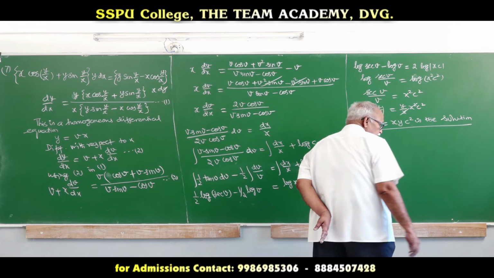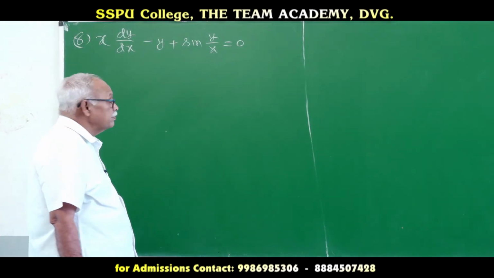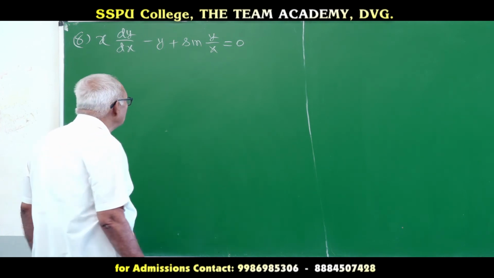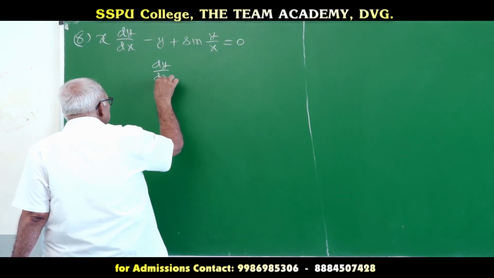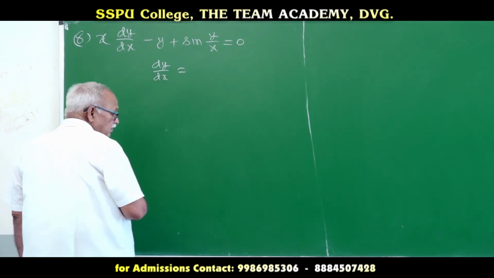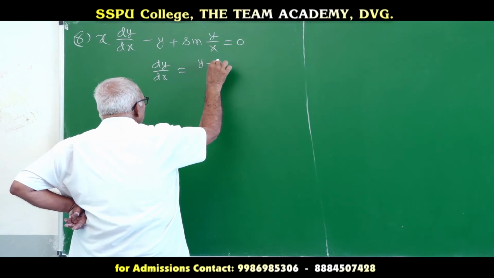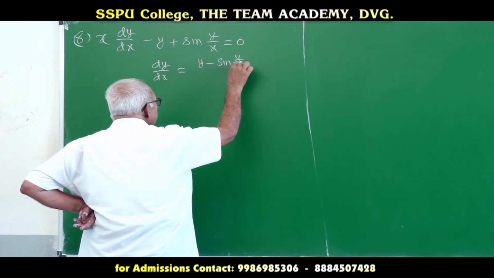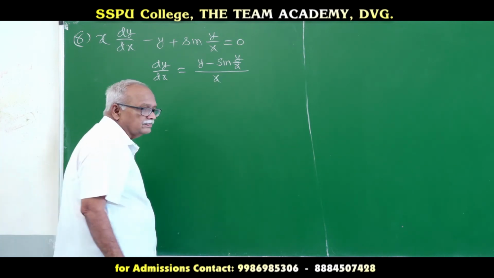Let us go to the next one. 8th question is x into dy by dx minus y plus sin y by x is equal to 0. So, here dy by dx is equal to y minus sin y by x divided by x.